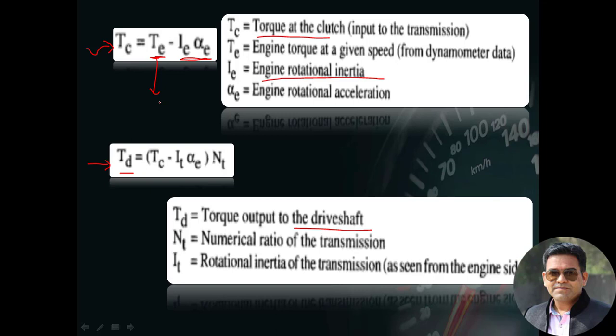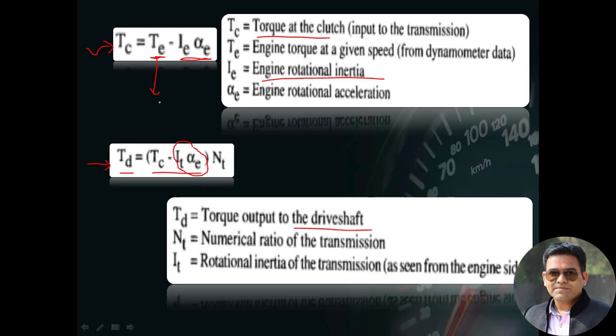So here we can say the torque output at clutch minus the inertia loss occurring in between the engine and the drive shaft. This term is very simple, as we have done in the previous case.